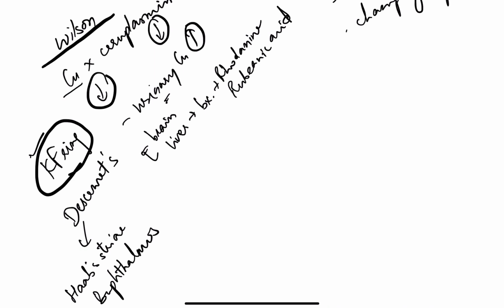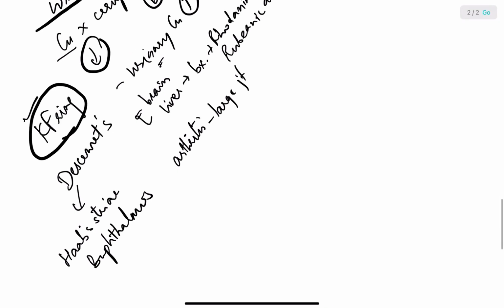All right. Otherwise, we'll also see other things, and the arthritis here, as compared to hemochromatosis, is going to be a large joint arthritis generally. All right. So this is the difference between Wilson's and hemochromatosis. Liver cirrhosis is again a very common manifestation of Wilson's disease. Management is going to be D-penicillamine, right?